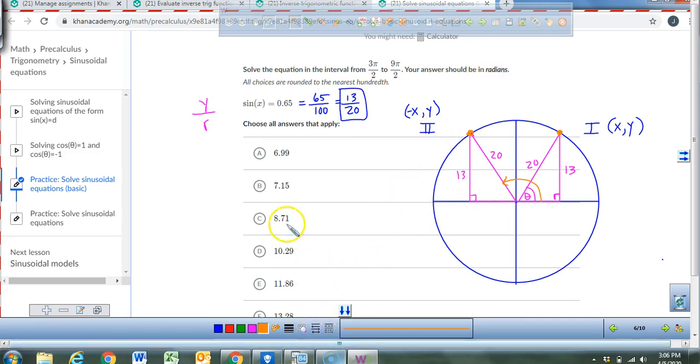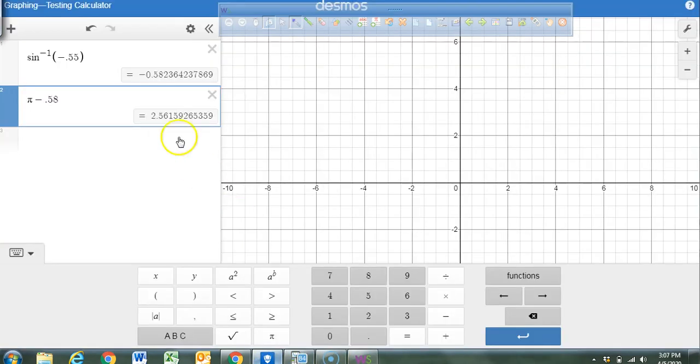So first thing I'm going to do is solve for theta, or solve for x. So if I have the sine of x equals 0.65, x will approximately equal whatever the inverse sine of 0.65 is. So I'm going to first do it in degrees, and then we'll convert it to radians. I'll just keep pi right there.